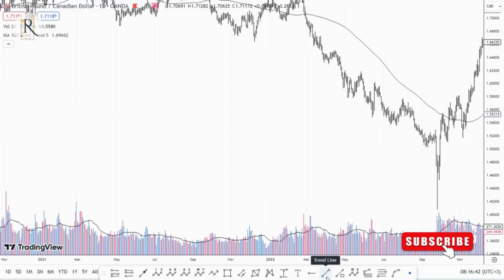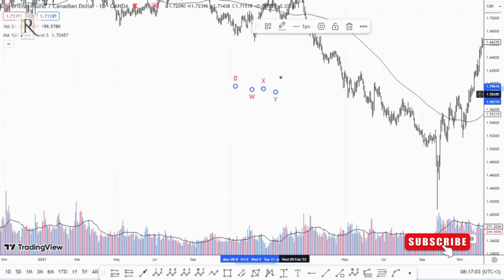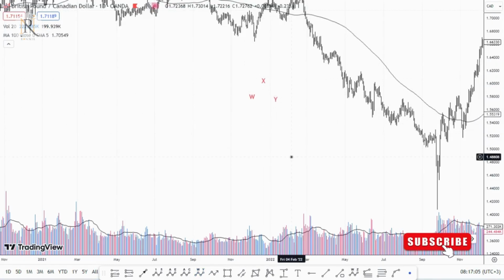At the same time, I want to combine that aspect with another aspect that I had previously talked about, that is the complex corrections. When I talk of complex corrections, I talk of WXY, or rather, I talk of WXYXZ.